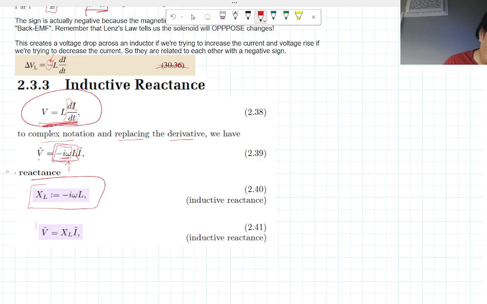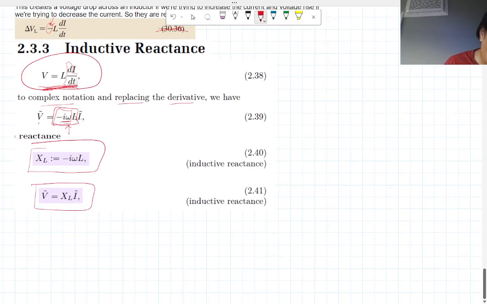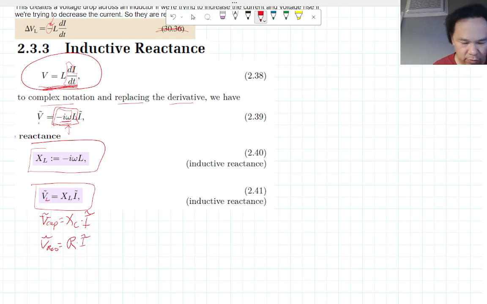Okay, and therefore we have yet another super Ohm's law where V equals something times I. So for inductors, V equals X_L times I. For a capacitor, it's going to be X_C times I. For a resistor, it's just going to be R. We don't use X_R, but you can use X_R if you want. It's the reactance or the impedance of a resistor.